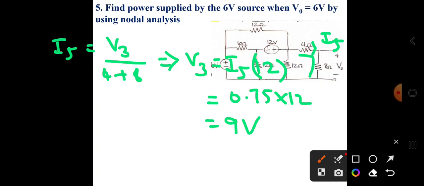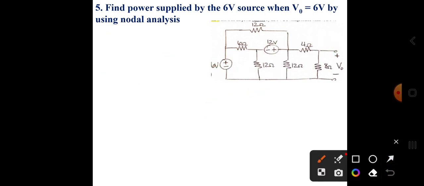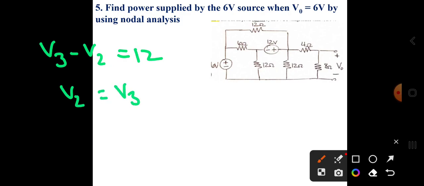And you know that V3 minus V2 is equal to 12. So V2 is equal to V3 minus 12. Already you know V3 is 9, so 9 minus 12 is equal to minus 3 volts.